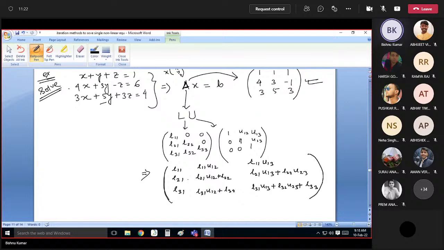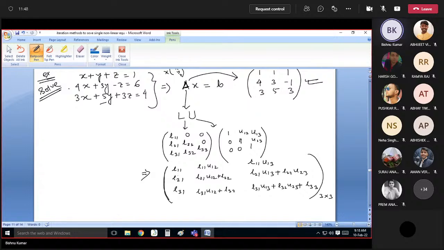This is actually your matrix. First element this, second element this, third element this. This is a 3 by 3 matrix. And this is nothing but the original matrix. So if you compare the position, it will give you the values. L11 is 1, L21 is 4, L31 is 3, isn't it?